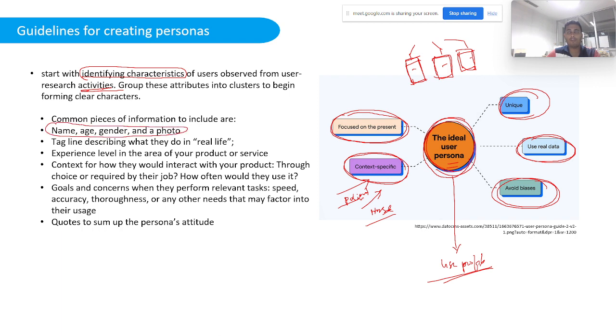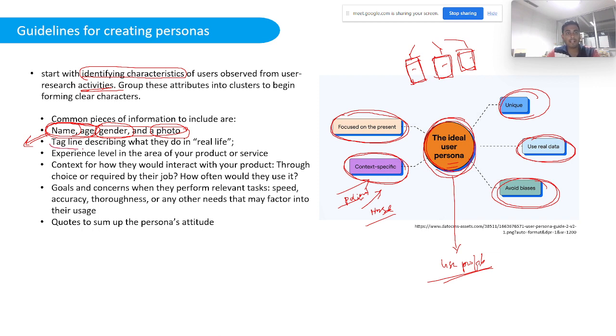If for a particular study you are looking for gender specific information, then you can include gender, otherwise it's not required. Similarly, a photo will help you understand that person in terms of age and socioeconomic condition. A name or age will probably let you know about their ethnicity and demographic information. All those things may help you in your task analysis or user study.